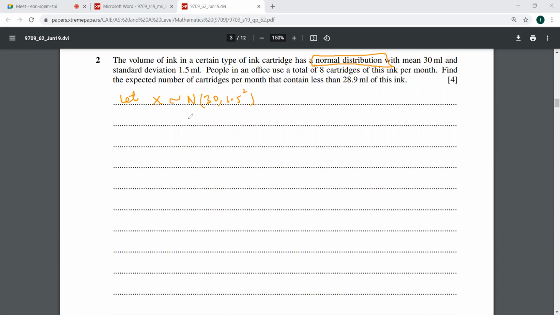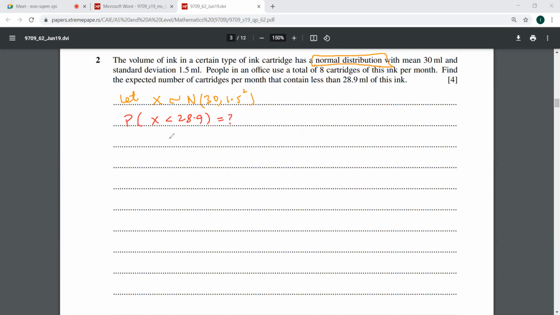So we'll be finding the probability of X being less than 28.9, and then we'll multiply that probability with this 8. This will give us how many out of 8 can have ink less than 28.9 ml. So you have to find this.